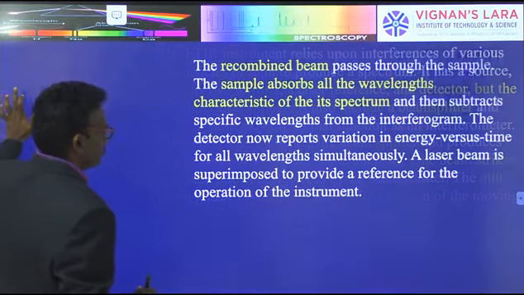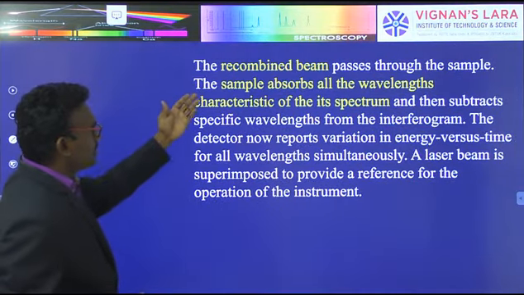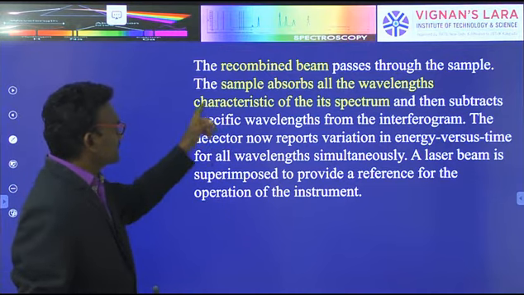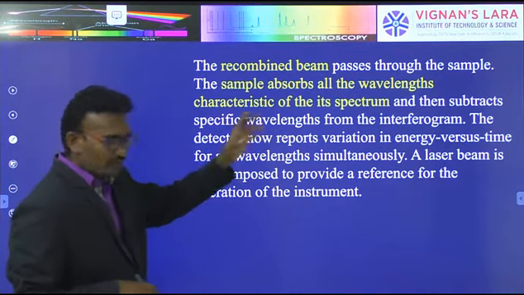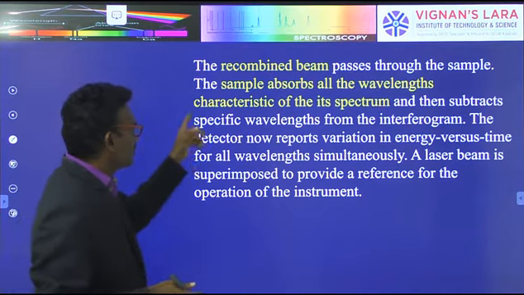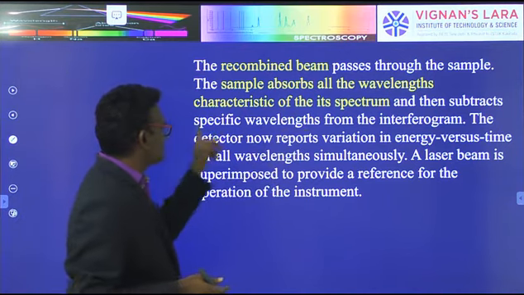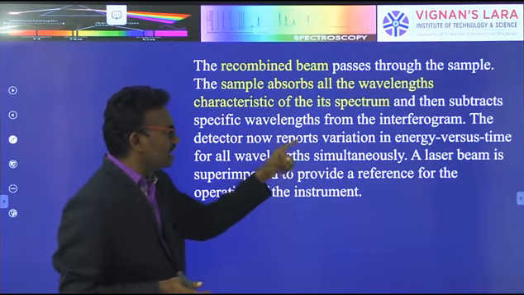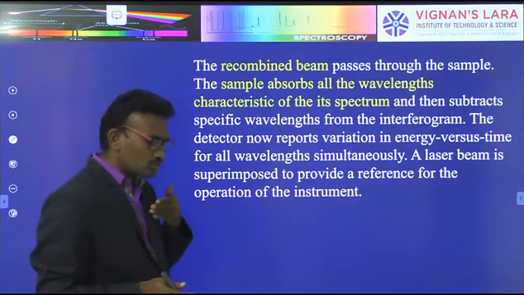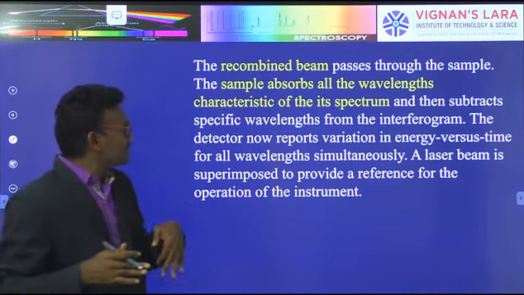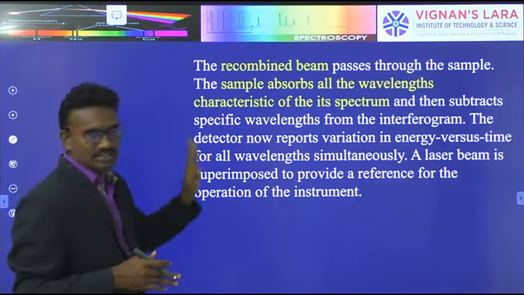Okay. The recombined beam of light is passed through the sample. The sample absorbs different wavelengths. Okay. The characteristics of its spectrum are then extracted from specific wavelengths of the interferograms. So specific spectrums are produced based on the characteristics of the samples.